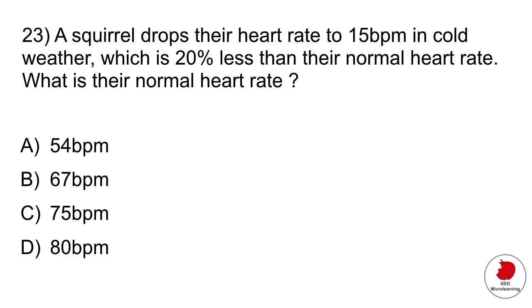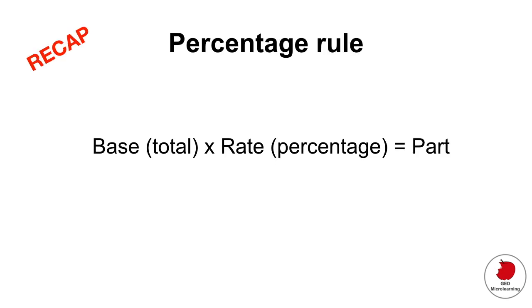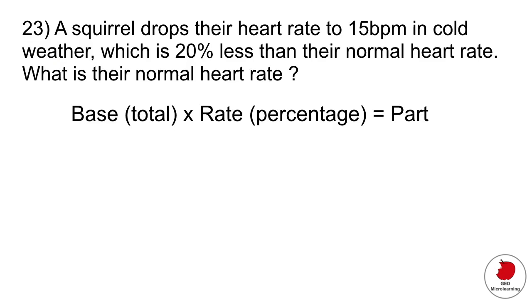A squirrel drops their heart rate to 15 beats per minute in cold weather, which is 20% less than their normal heart rate. What is their normal heart rate? All right, so here we're going to use our formula that we've seen repeatedly today, which is the percentage rule. What they give us in the question is the percent, or the rate, and they also give us their heart rate in the cold.